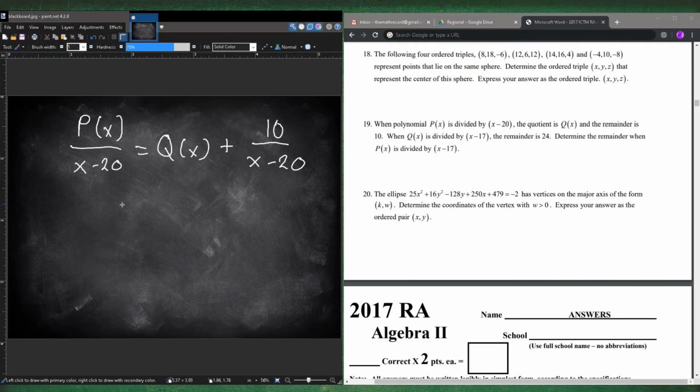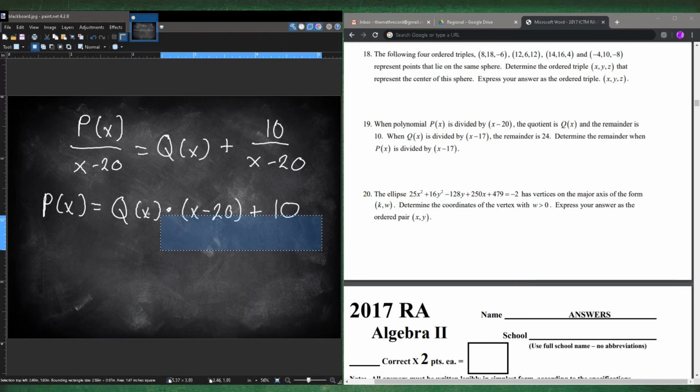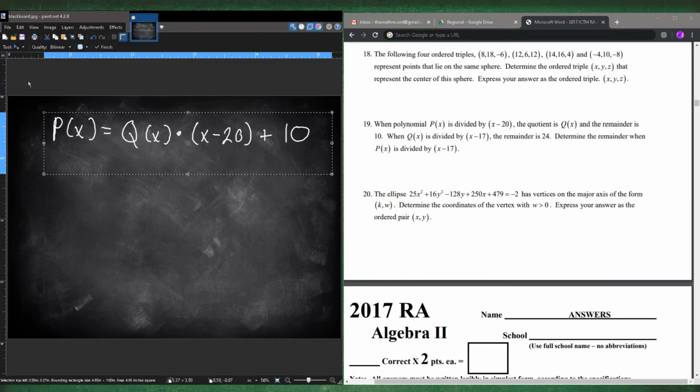So that will get us p(x) is equal to q(x) times (x minus 20) plus 10, because 10 over x minus 20 times x minus 20 is just 10, right? So rewriting that equation, it's basically just this. Okay, so we know that is true.